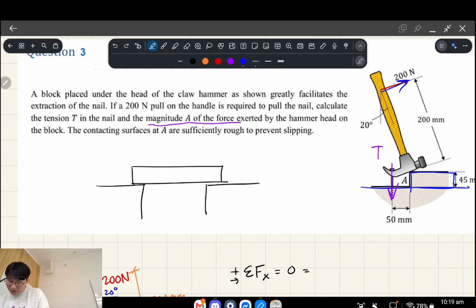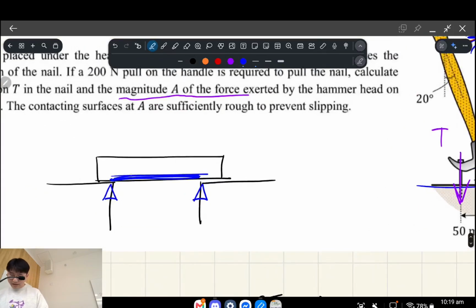This can actually be modeled as a pin, like here to here. The reason for that is that it fulfills all the requirements of a pin. A pin support resists vertical reactions. Let's not talk about the horizontal reactions, yes, they technically do, but let's just consider the vertical loads on this beam only, so let's ignore the horizontal ones.